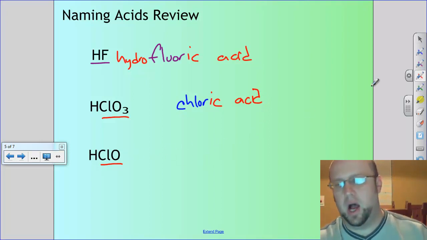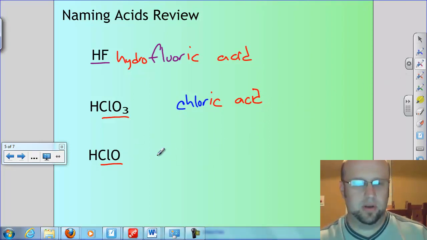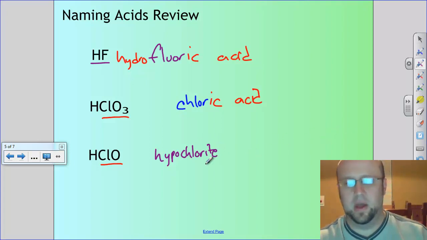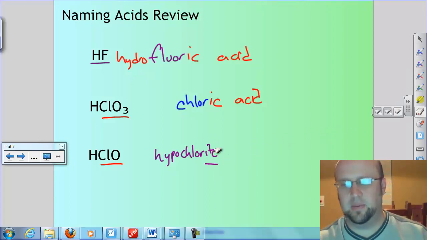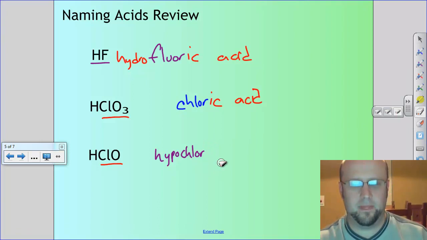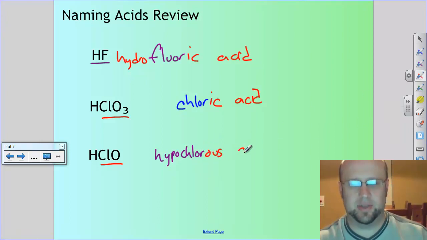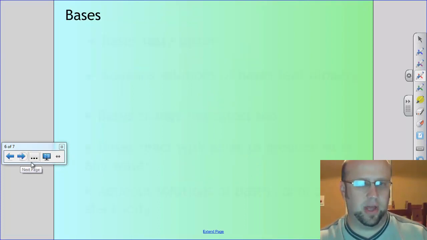Okay, and then down here for the last one, if we wrote out that ion name, that is hypochlorite. Okay. Remember, if it ends in ITE, then we erase the ITE, and it gets replaced with an OUS, so that becomes hypochlorous acid. Okay? Again, go back to 7.2 if you don't remember all that.